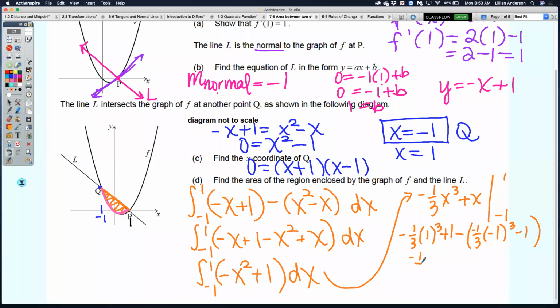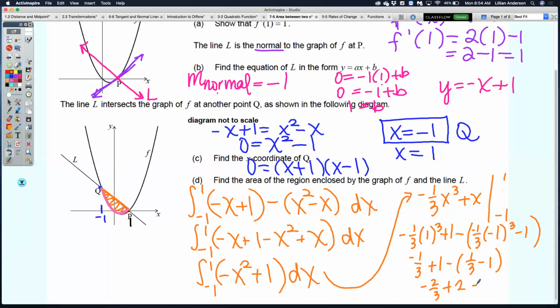So then it becomes negative 1/3 plus 1. On the inside of the parentheses, negative 1 to the third power is a negative 1. Times a negative 1/3 is a positive 1/3. Minus 1. Turn to a negative 2/3 plus 2.